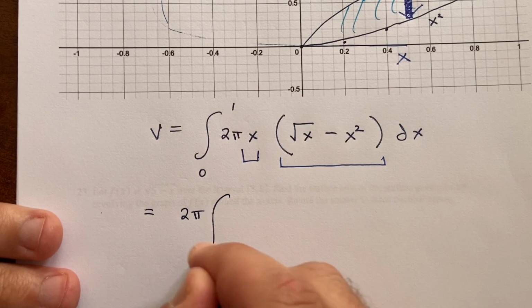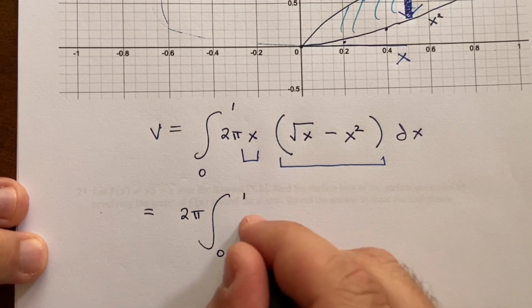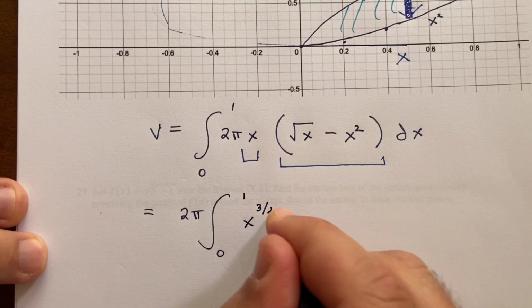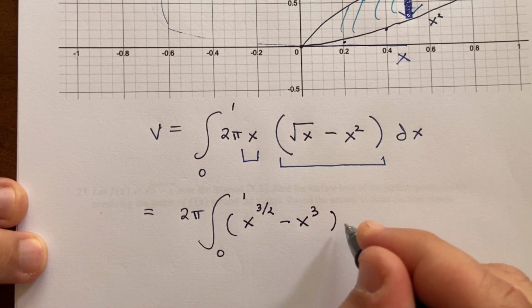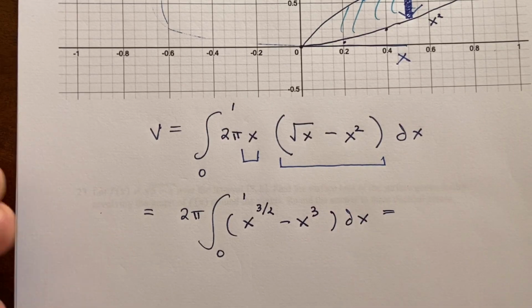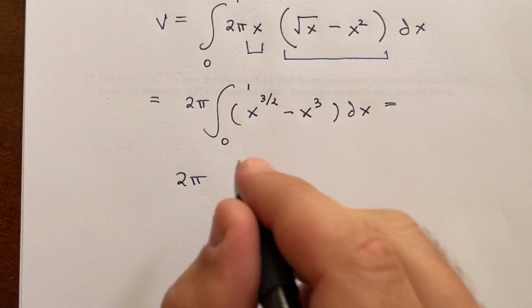So 2 pi, 0 to 1. I'll go ahead and multiply x through, so this would be x to the 3/2 minus x cubed dx. Antiderivative, we'd have 2 pi.